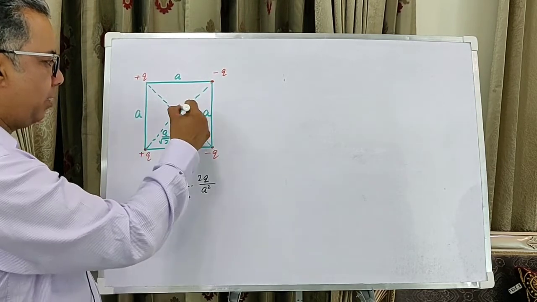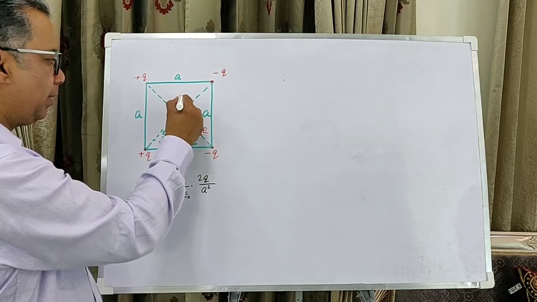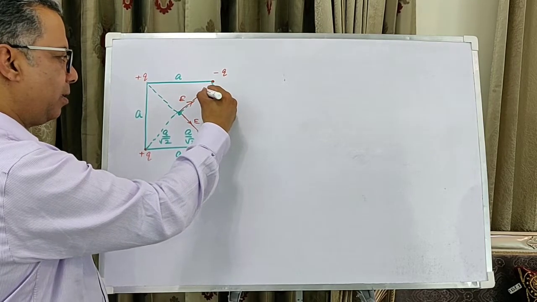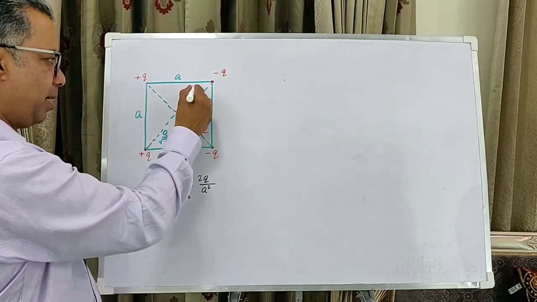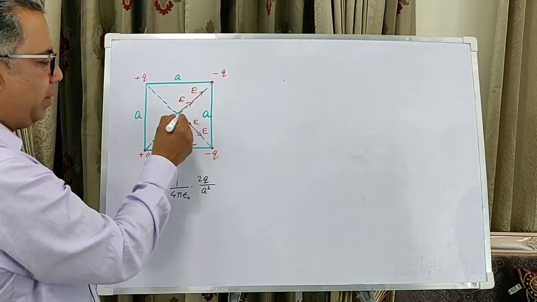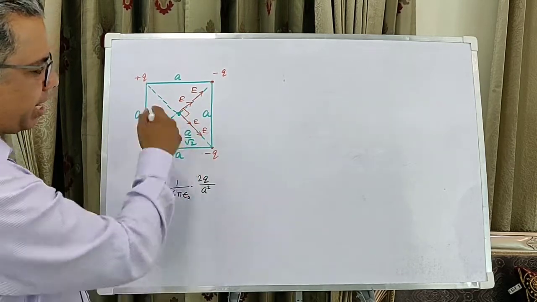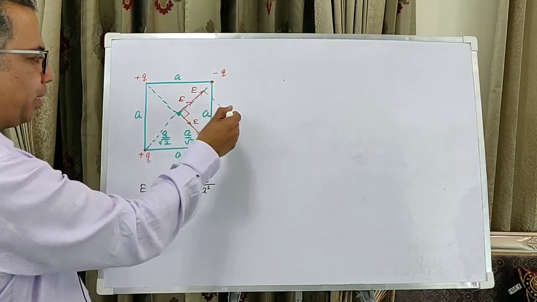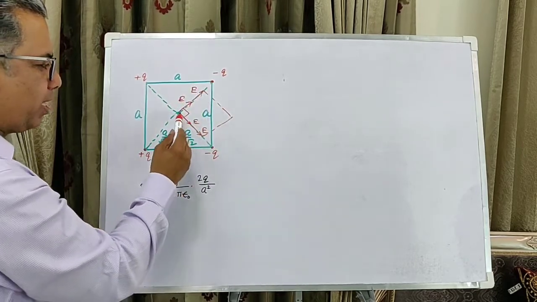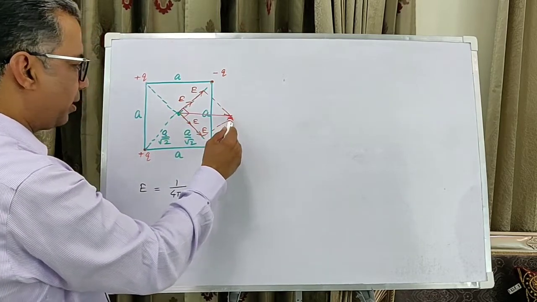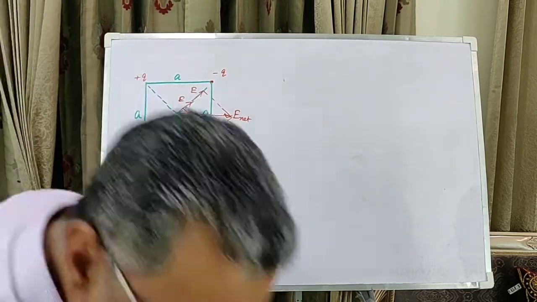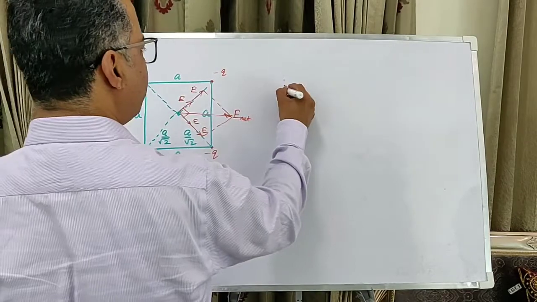The field due to this plus Q is directed this way, away from it, and the field due to this minus Q is also directed towards minus Q, that is in the same direction as the field due to this plus Q. So we have 2E and 2E, both directed at a right angle to each other, and since these 2E and 2E are already known to us, their resultant will be towards the right. This is the net field.